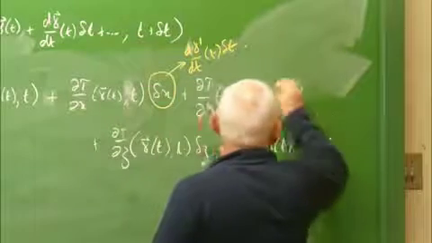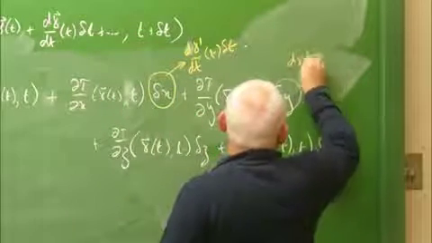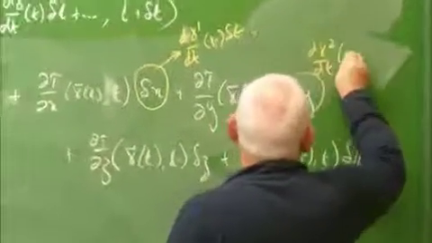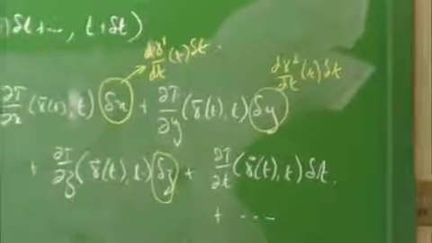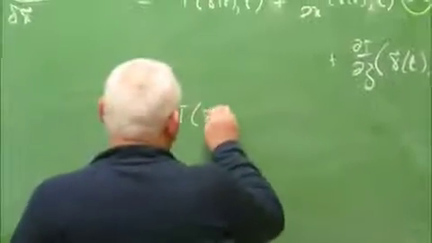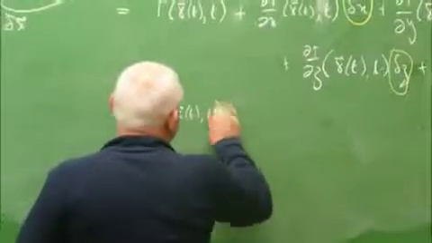Delta y similarly is d gamma_2 dt delta t, and etc. for delta z. And so my formula now becomes T of gamma of t, t.